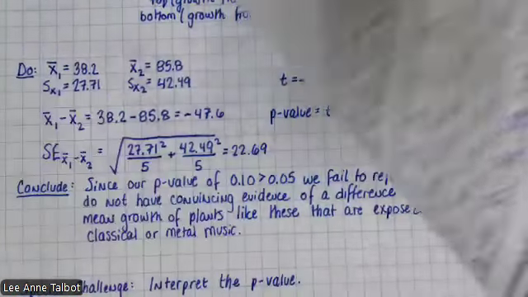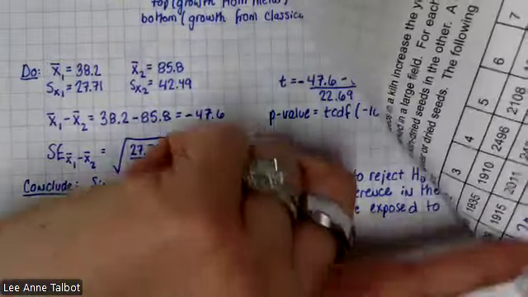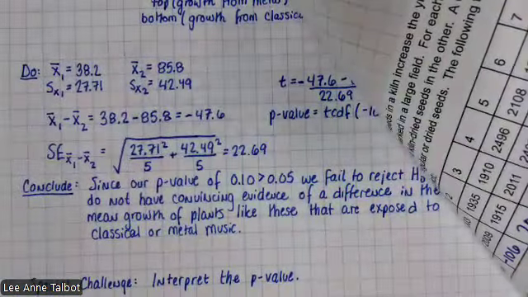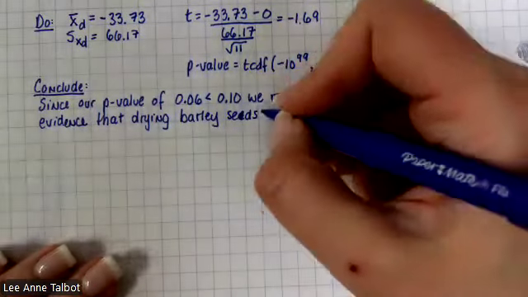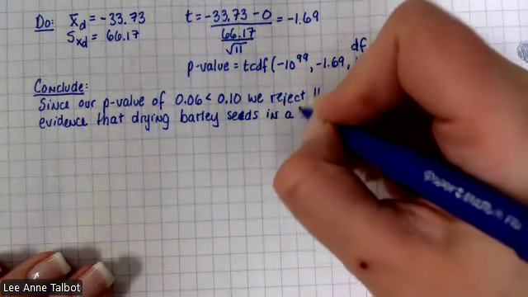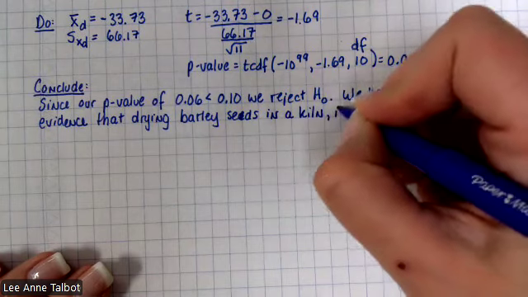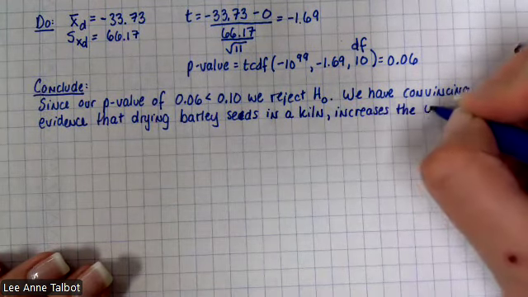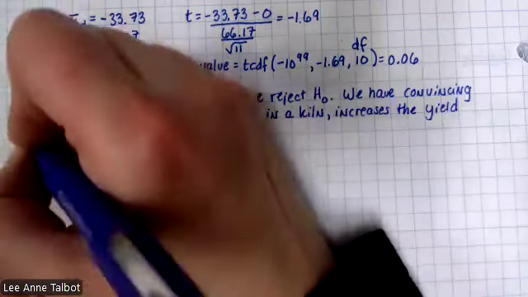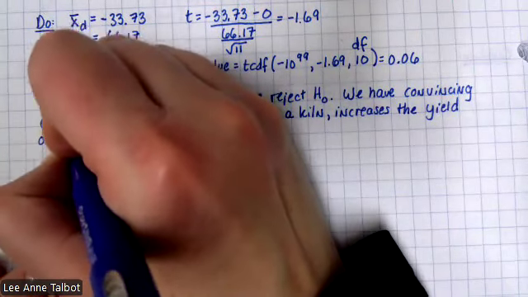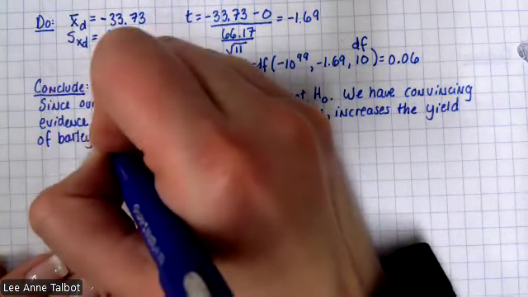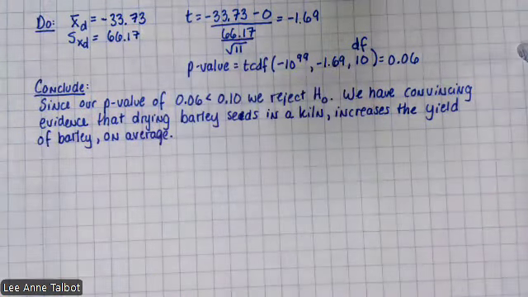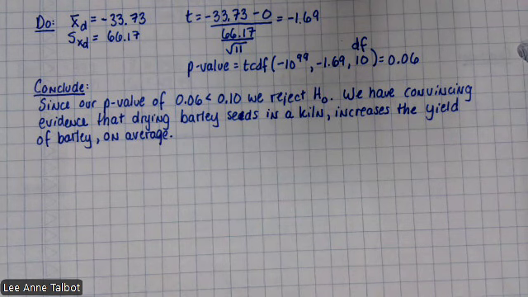We have convincing evidence that drying barley seeds in a kiln increases the yield of barley on average. God. Oh, it was recording. Yes.